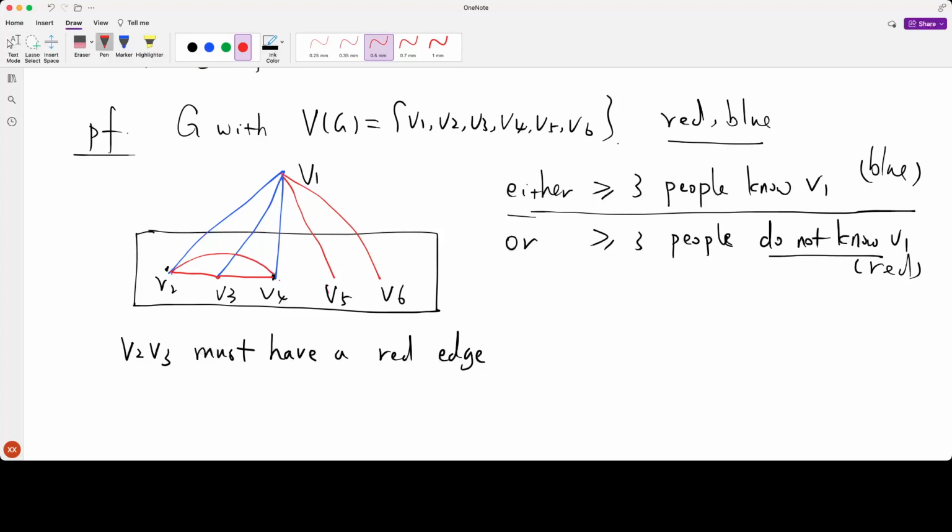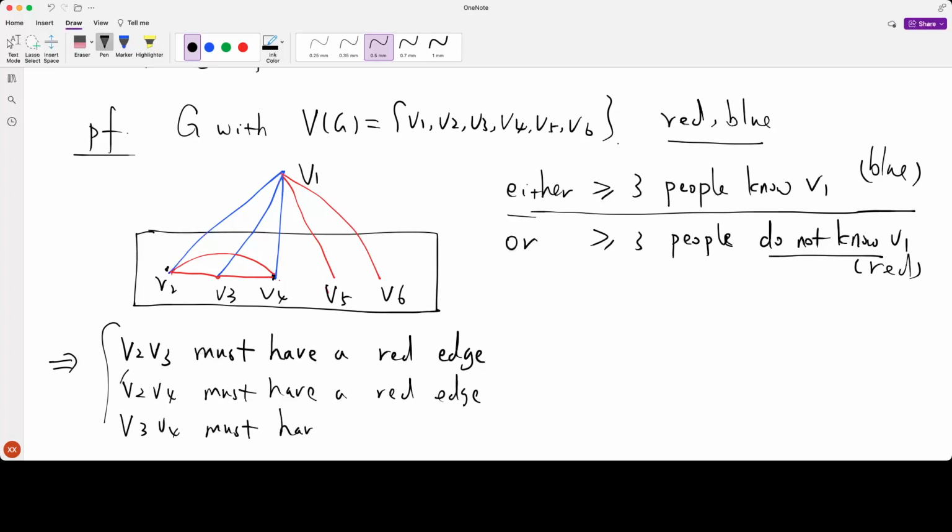But now we have a red triangle. So this is the argument. We conclude that V2, V3 must have a red edge, V2, V4 must have a red edge, and V3, V4 must have a red edge, which implies that V2, V3, V4 is a red triangle.